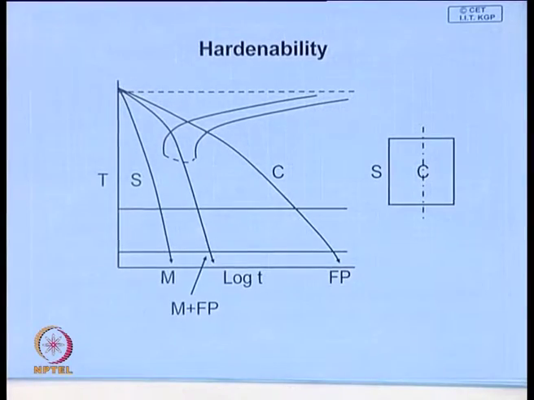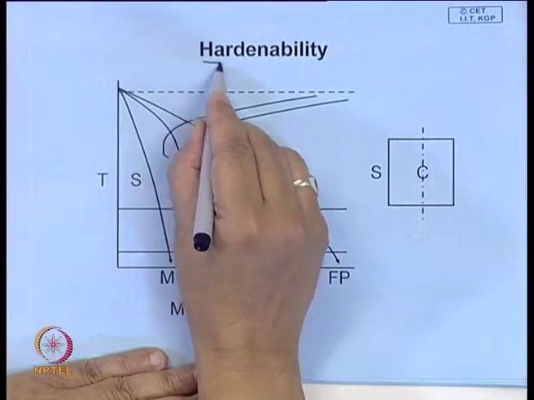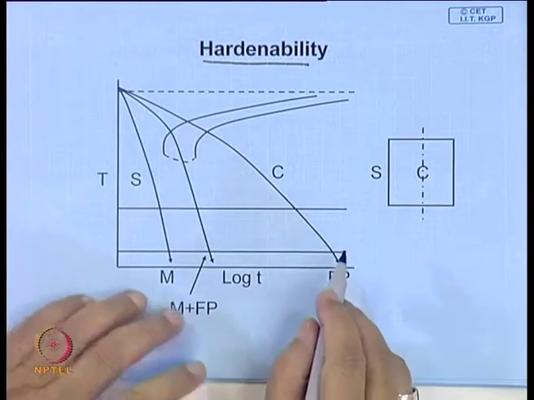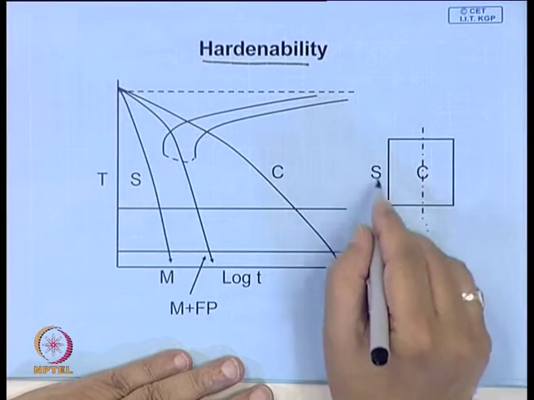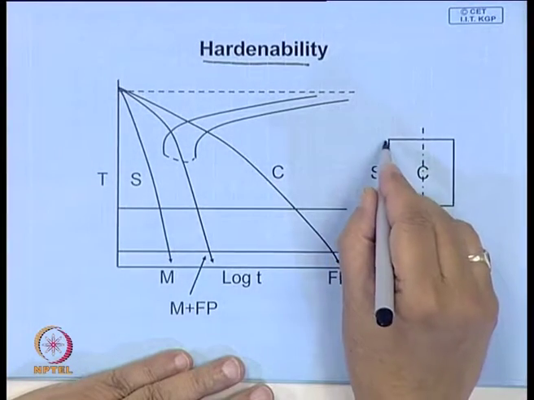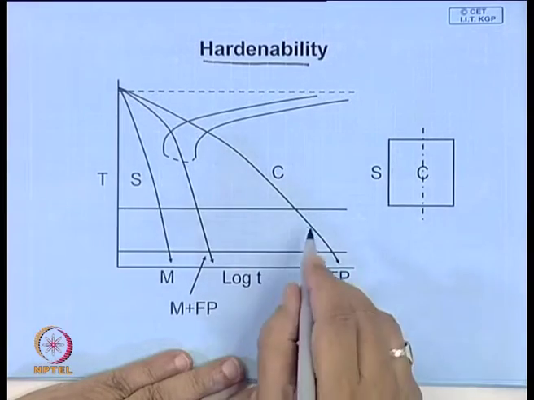Now, let us try and understand a term we mentioned called hardenability. What does it mean? When you quench a job, even if you quench in water, it is the surface which will cool very fast.